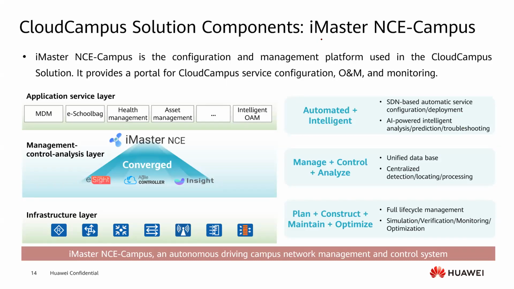The first important one is the controller, because we use the controller to do the deployment, to control all of the devices on our network, and to uniformly deploy the configurations, and to do the policy management, the authentication management, and all of the services on the controller, and then it will send the specific information to the specific device.